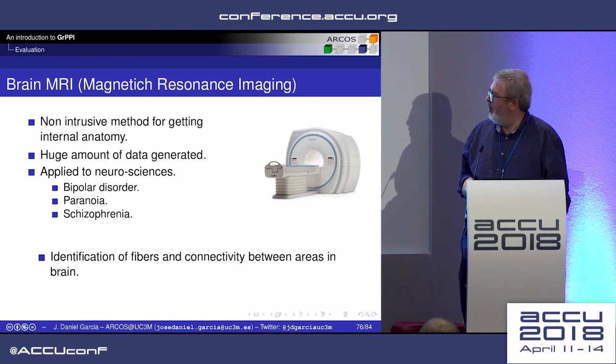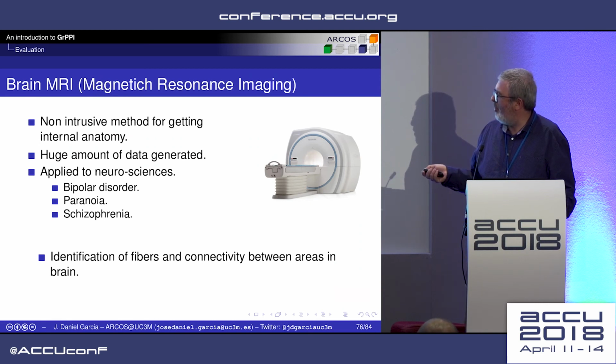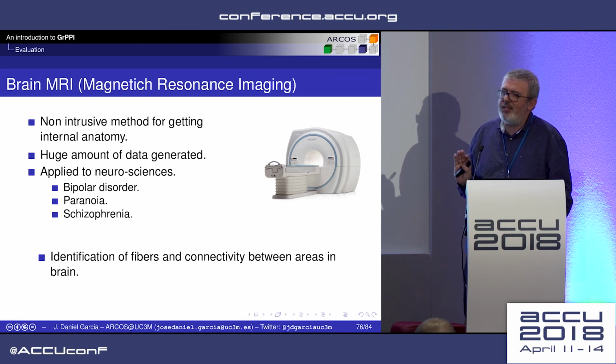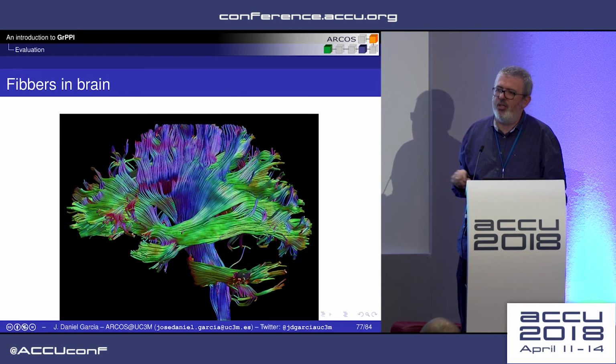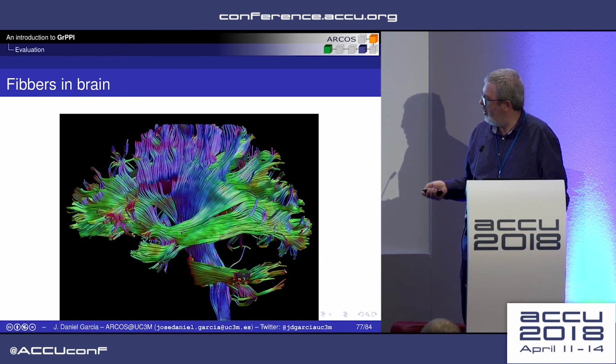And what you want to produce is something like this. This is a brain in terms of connectivity, so what you are following is the trajectory along which the communication between neurons goes through your brain. So this is what we produce.